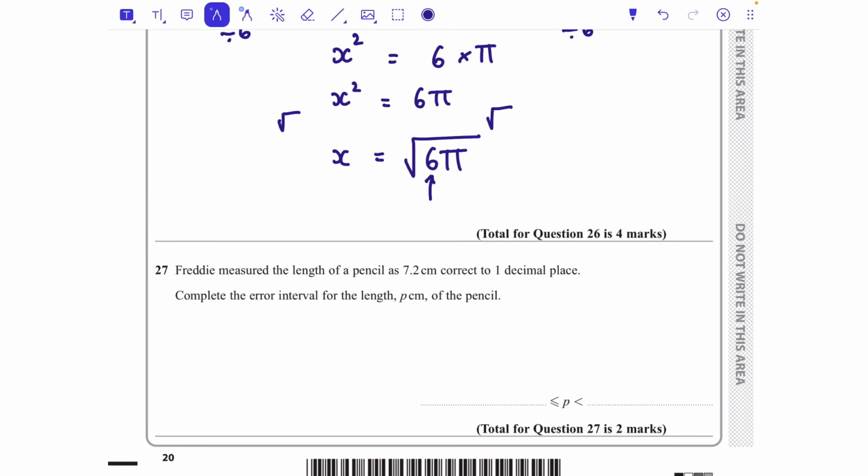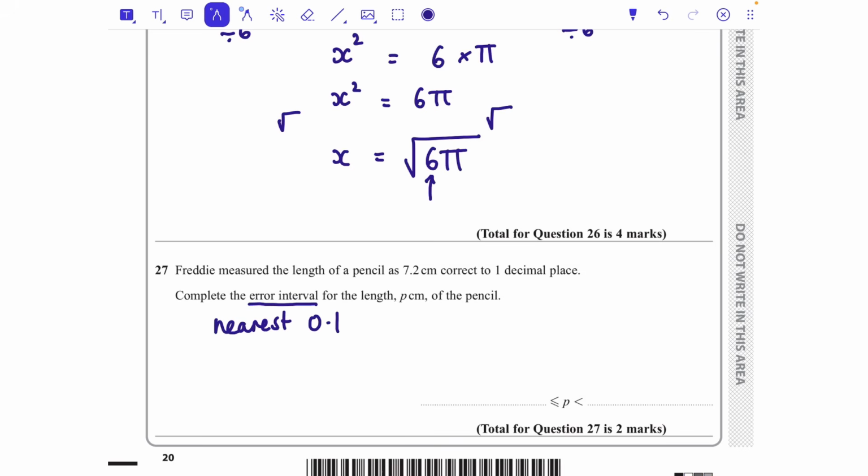Question 27. Freddie measured the length of a pencil as 7.2 centimetres, correct to 1 decimal place. So he's rounded to the nearest 0.1 for this question. Now, if you've rounded to the nearest 0.1 and you want the error interval, that is asking you for the biggest and the smallest it could have been before it was rounded.